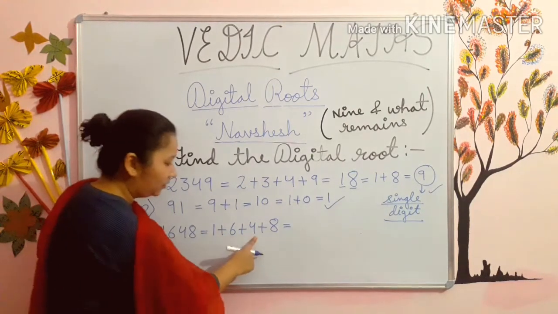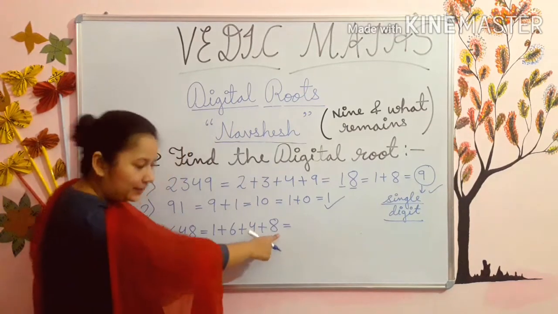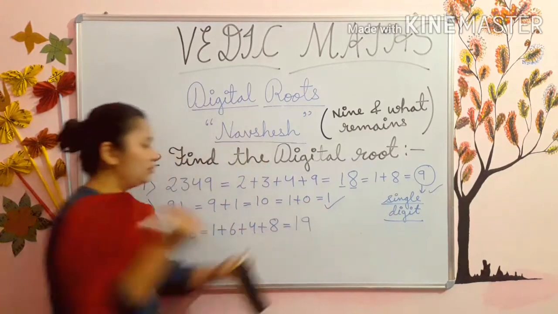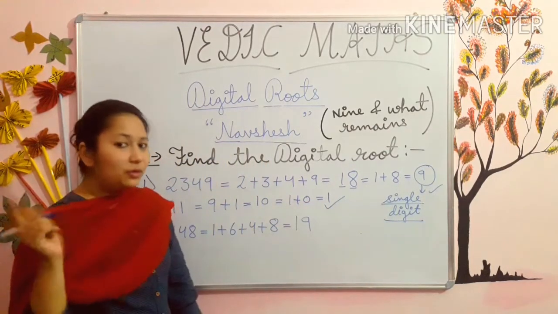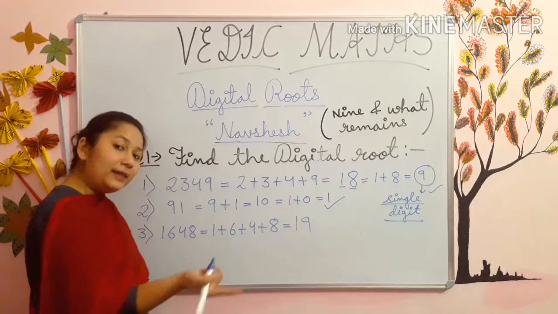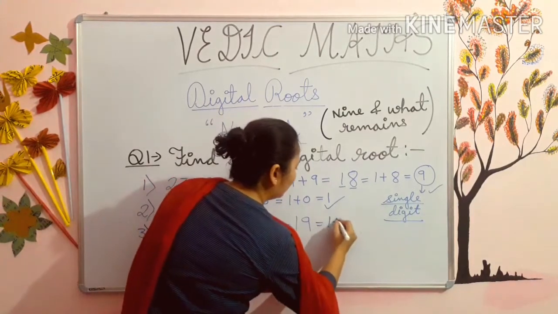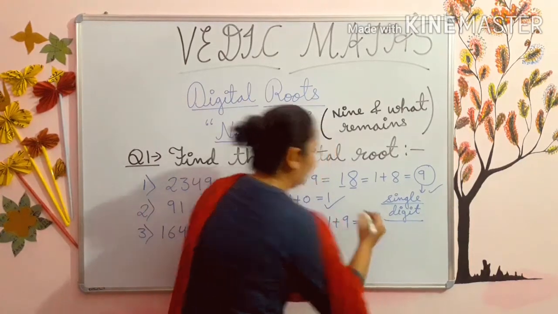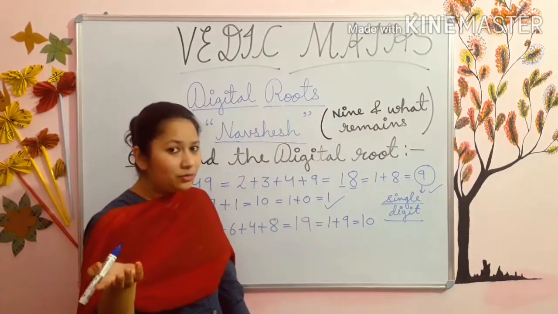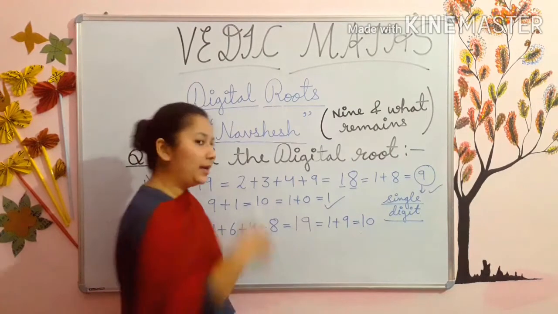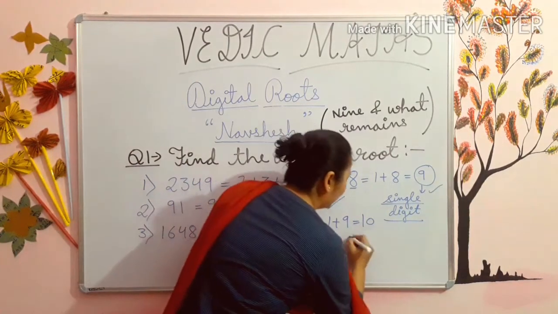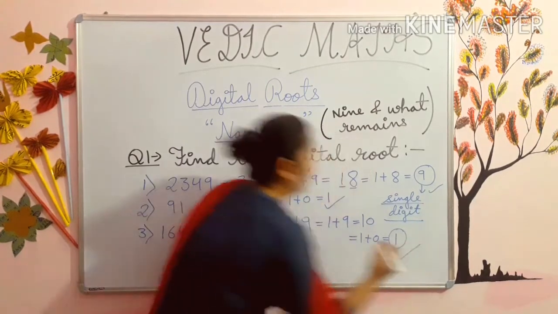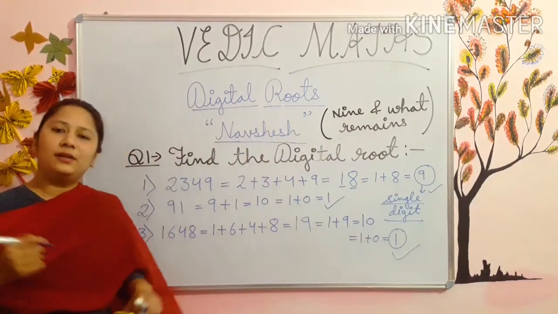Like 6 plus 4, 10, 10 plus 8, 18 and 18 plus 1, 19. So it is a 2-digit number. So this is not your digital root. Add them again. Now what will it be? 10. Now this again is not a digital root because it is a 2-digit number. Add them again. Now this is your digital root.